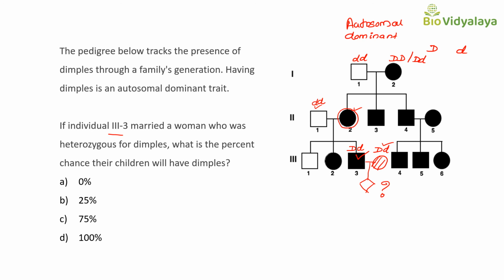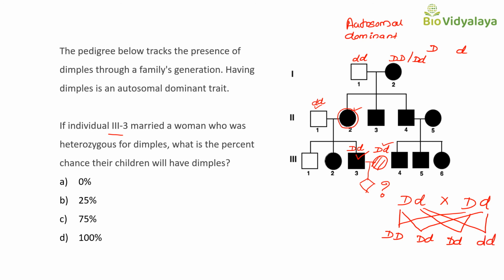So let's see what is the probability that this child is affected. Let's do a cross between capital D small d and capital D small d. Capital D capital D, capital D small d, capital D small d, small d small d.